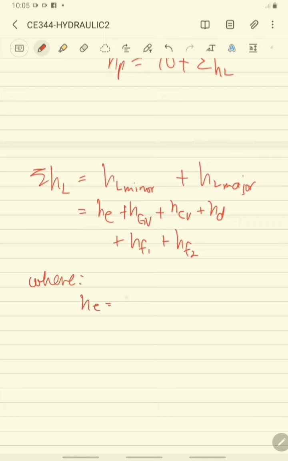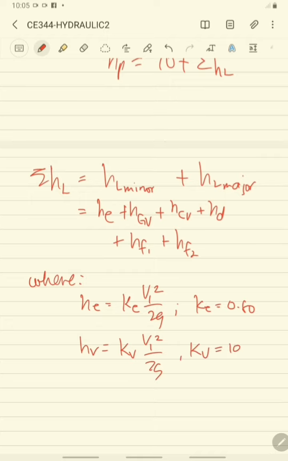Okay, we have to solve one by one. For the head loss at the entrance, we have to check what type of entrance the reservoir has. From here, it is projecting, so KE will be 0.80. For the head loss of the valve, we have to take the head losses of the fittings and the valve from the table.